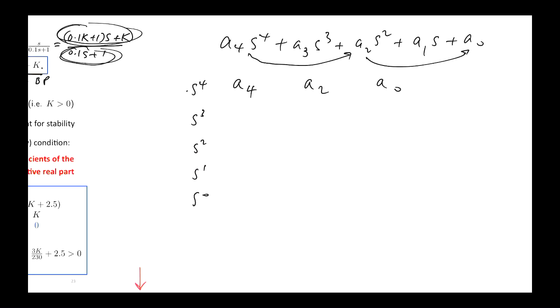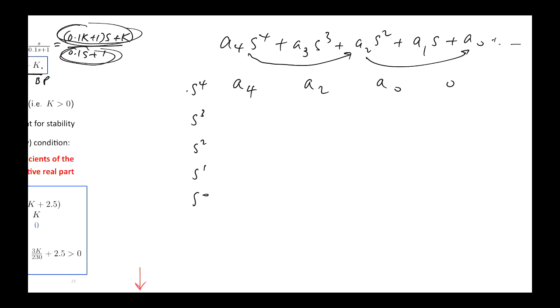Now, if you like, this continues down, but there are zero coefficients, so we can just fill in the rest of the row with zeros, which is necessary to be able to complete some of the subsequent steps. So that's the first row. You write down the first row of this array by just reading coefficients from the polynomial. The important thing to remember is that you start with the coefficient of the highest power of s, and then you skip one, and each time you skip one as you move along the columns.